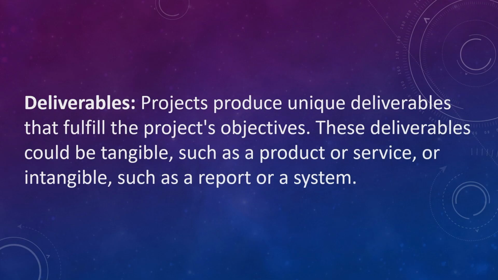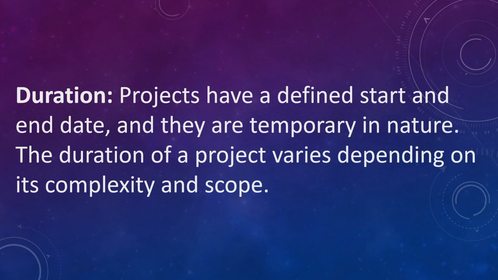Deliverables. Projects produce unique deliverables that fulfill the project's objectives. These deliverables could be tangible, such as a product or service, or intangible, such as a report or a system. Duration. Projects have a defined start and end date, and they are temporary in nature.